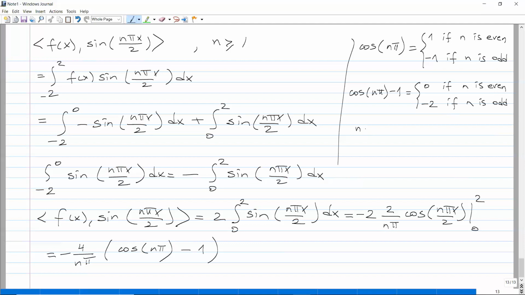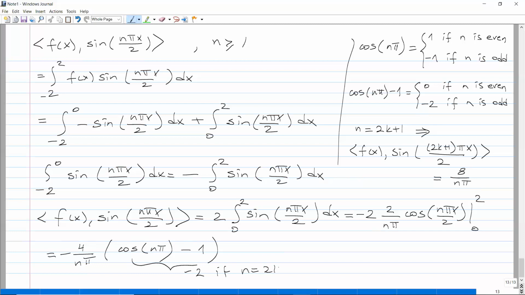So if we write n odd as 2k plus 1, then the inner product of f with sine of (2k plus 1) pi x over 2 is going to be, because this is -2 if n is 2k plus 1, so -2 times minus 4, 8 over n pi.